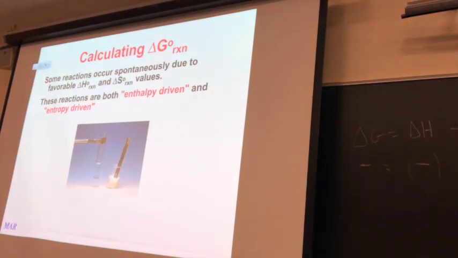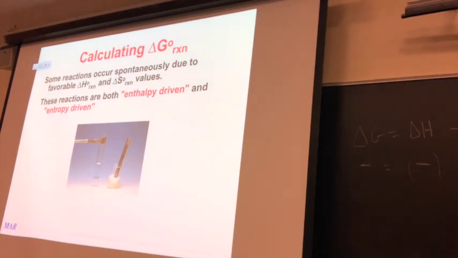So in my chemistry world, if you have an exothermic delta H, if delta H is negative, that means that reaction is enthalpy driven. Negative delta H's contribute to a negative delta G. So every time you see an exothermic reaction, those are enthalpy driven reactions. They want delta G to be negative, which means it's going to happen.